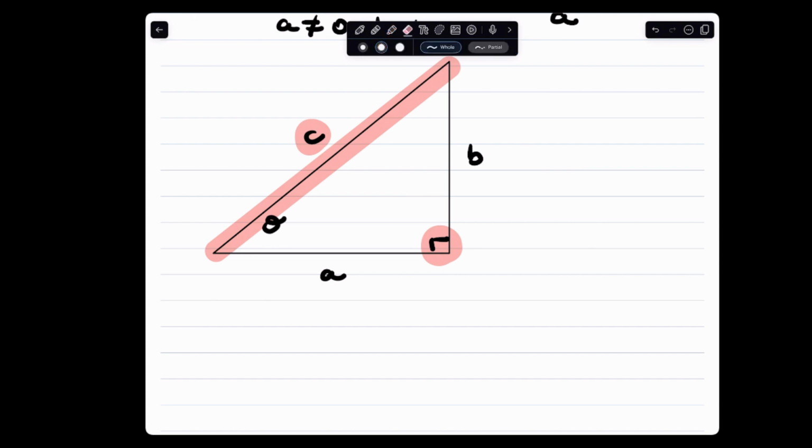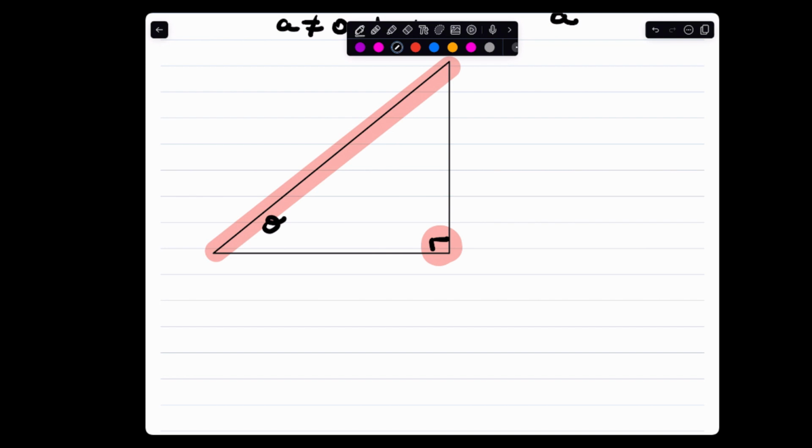Let's do something like this. I'm going to erase this here.